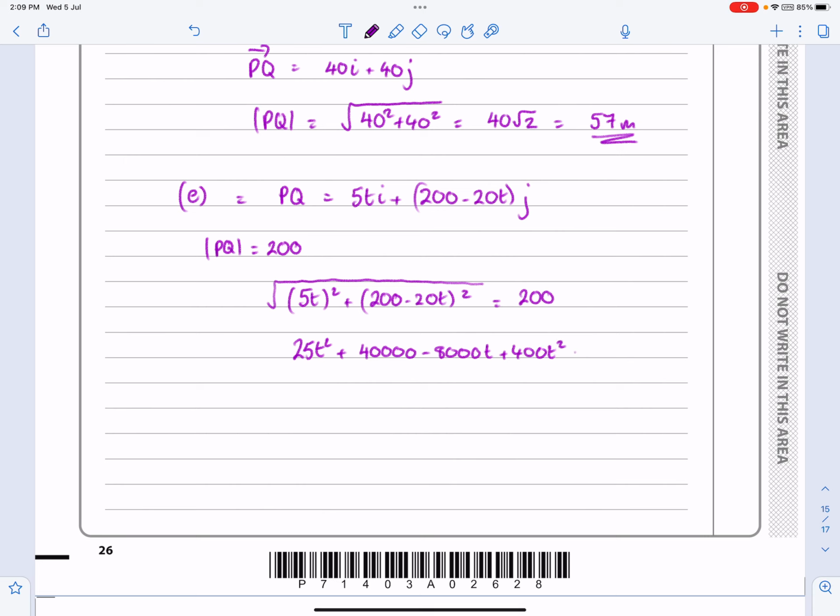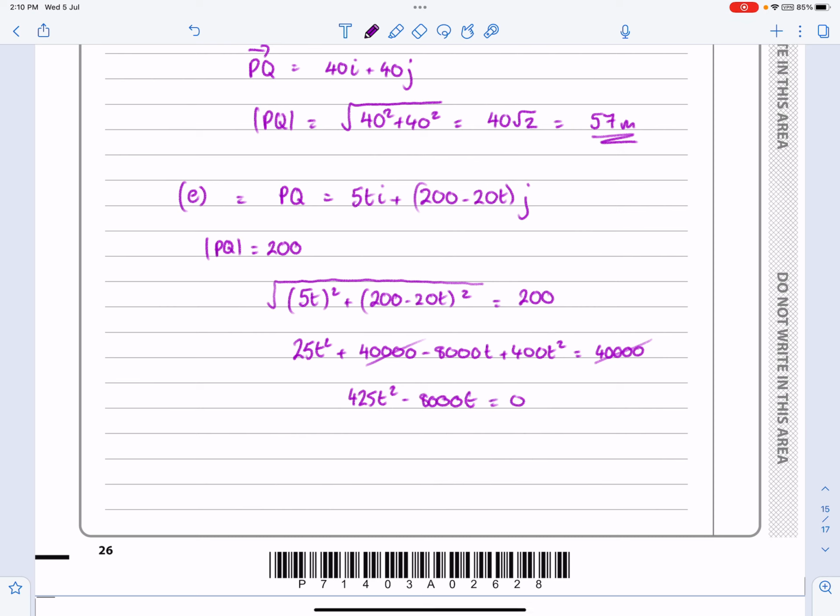Okay, all of that then works out to be 200 squared, so all of that works out to be equal to 40,000. And what's really useful is those two are going to cancel. So we actually get 425t squared minus 8,000t equals 0.